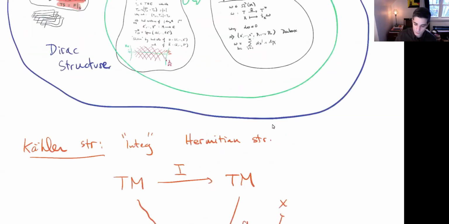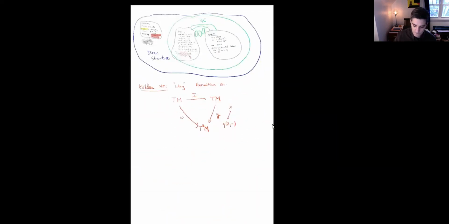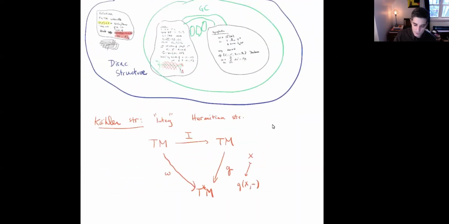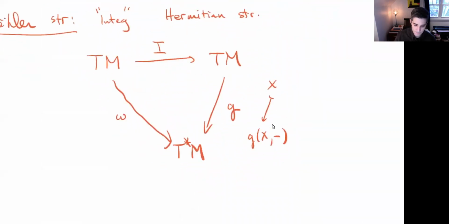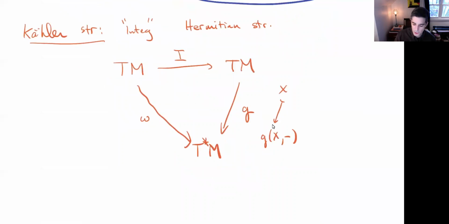So what I just did was to take a complex structure and put it here, and I took a symplectic structure and put it here as well on this diagram, and I put a third type of structure, which is this Riemannian metric.